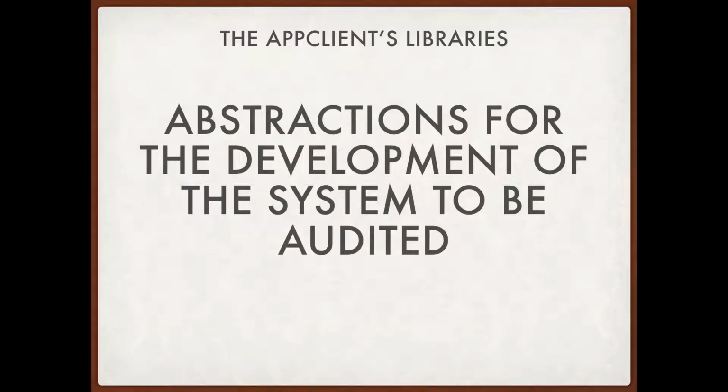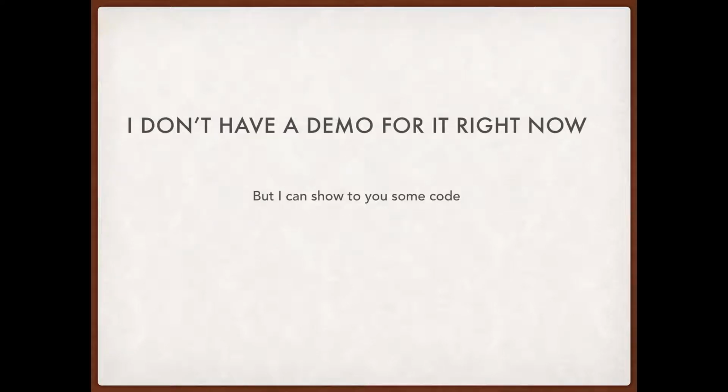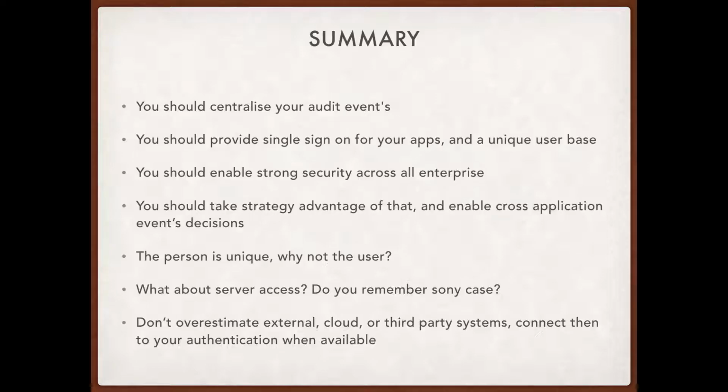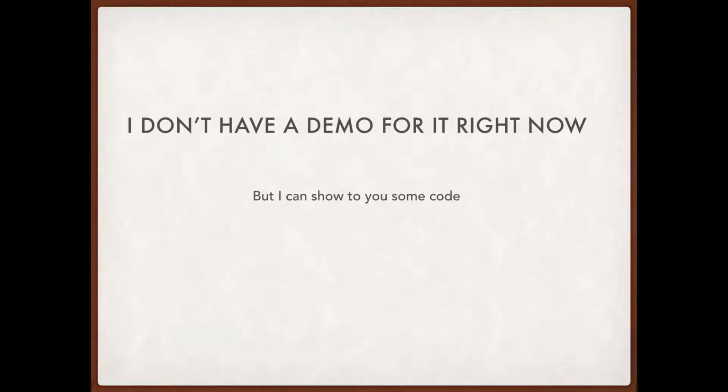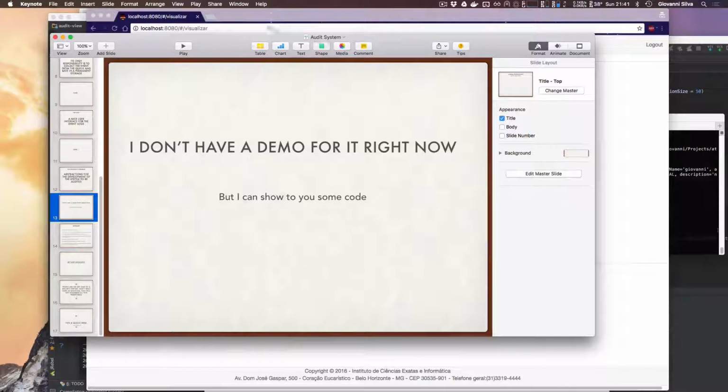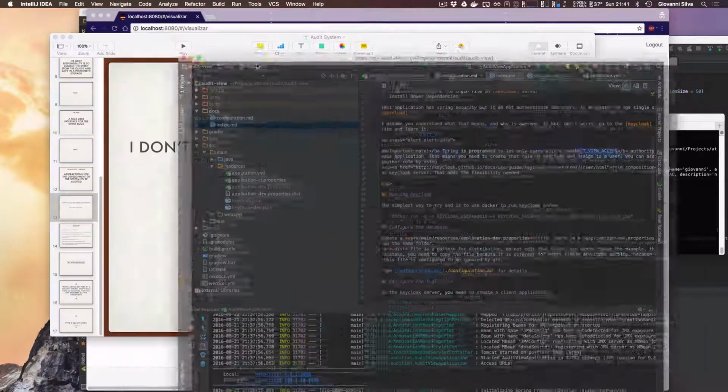And the API client library is an abstraction for the development of the systems to be audited. And I don't have a demo for that, but I can show you some code. And let's see what can be done with that.